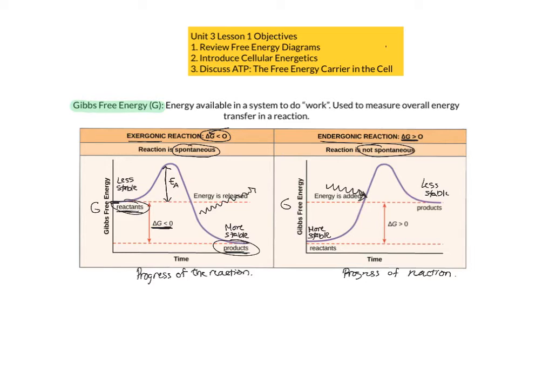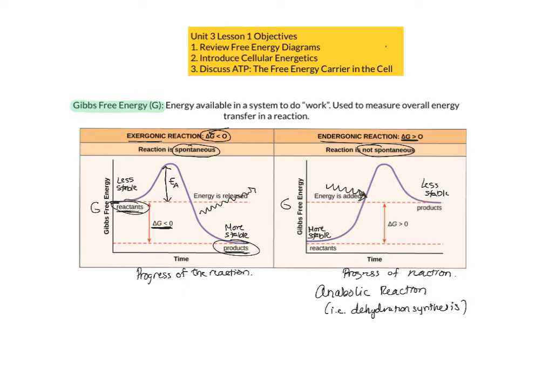An anabolic reaction is where you build larger molecules. One of the most common types of anabolic reaction could be something like dehydration synthesis, which we saw in Unit 1.